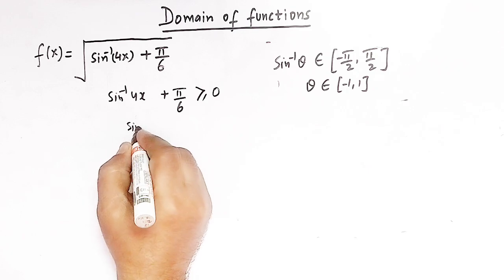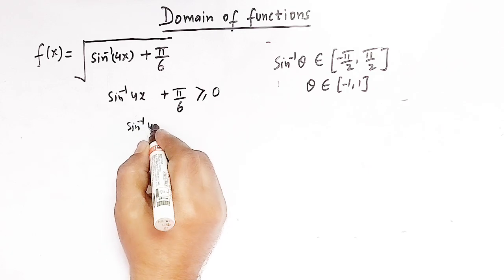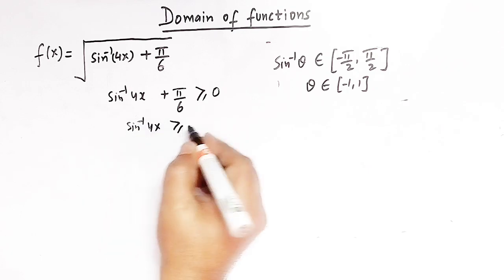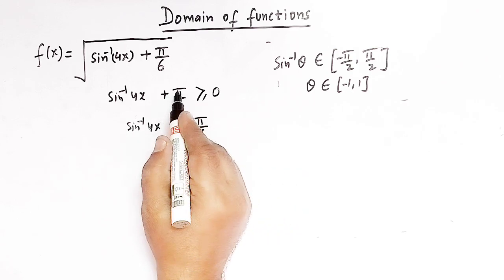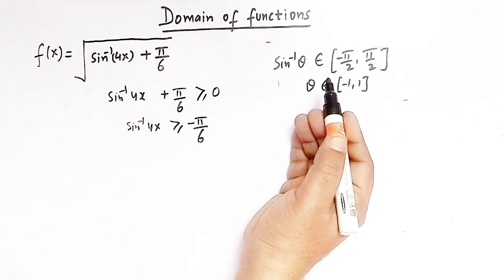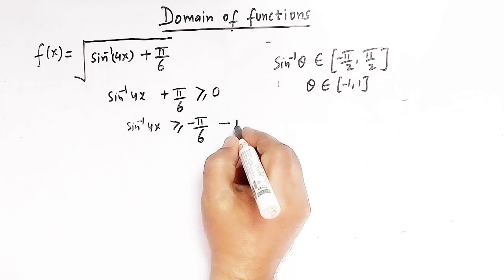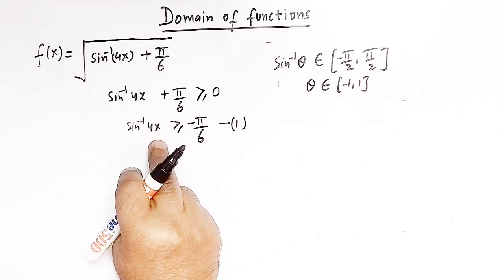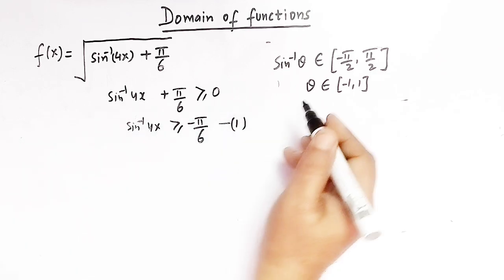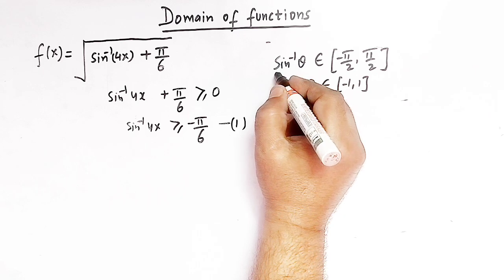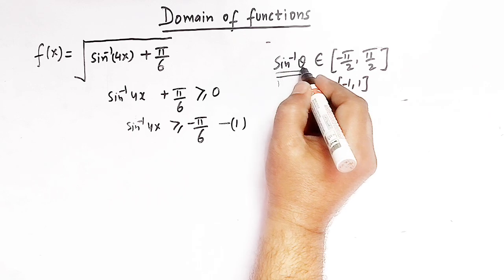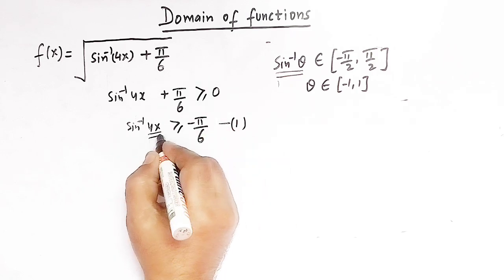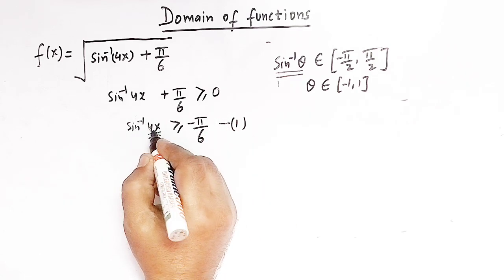So from here we can now write sine inverse 4x is greater than or equal to minus pi by 6, taking pi by 6 to the right hand side. So here we have this inequality, right? Okay, now let us come to this range of the sine inverse theta function. Now here we have sine inverse 4x.